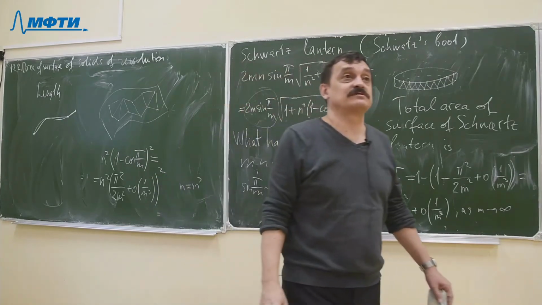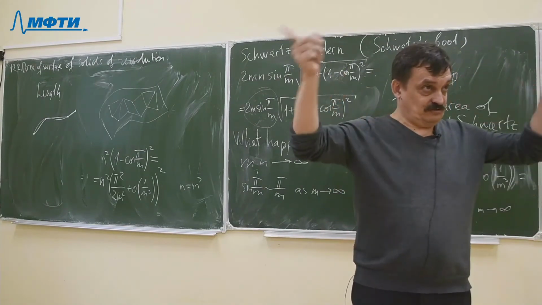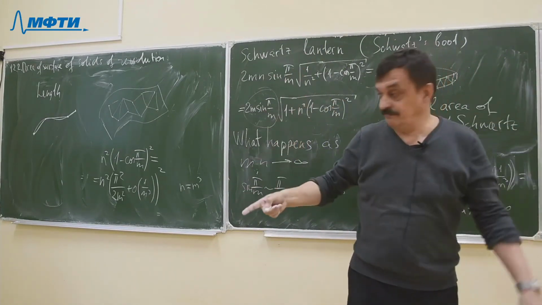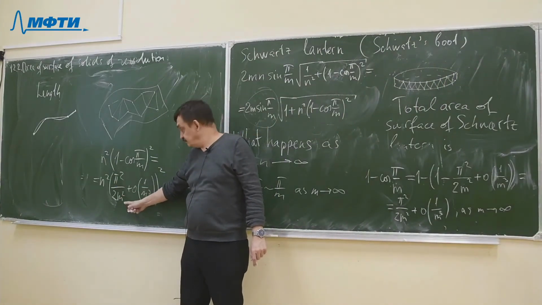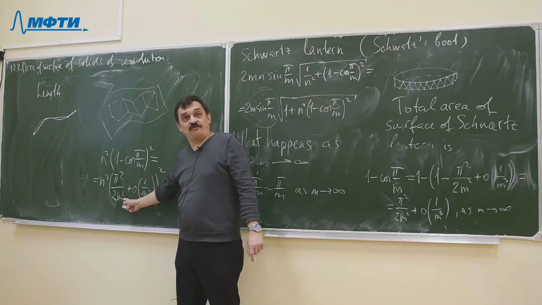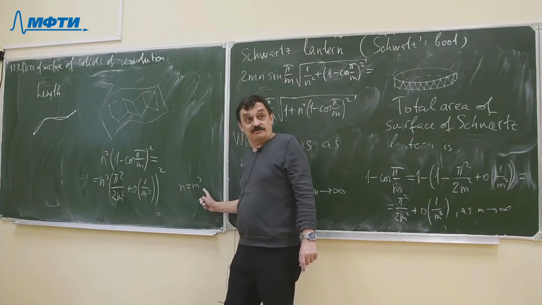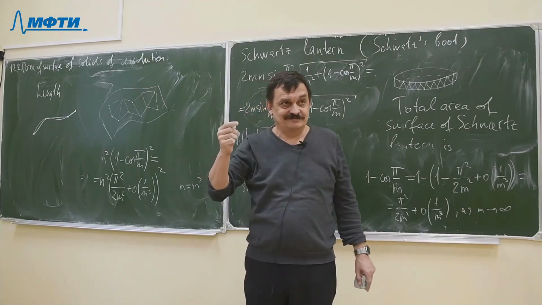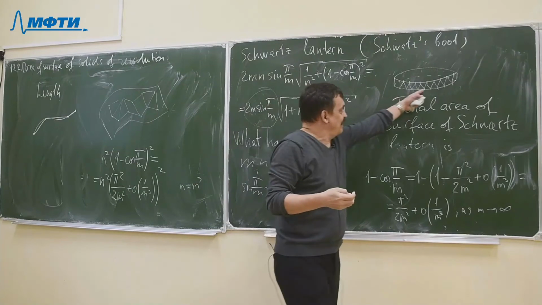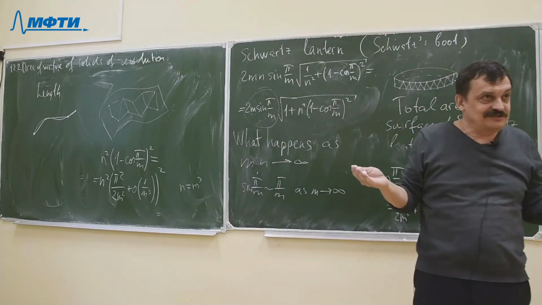Then what happens? Both n and m tend to infinity, right? But what happens with this expression? Here we have m to the power 4, right? And that is m to the power 6. So it tends to infinity, right? So the area of the surface of the Schwarz lantern may tend to infinity.